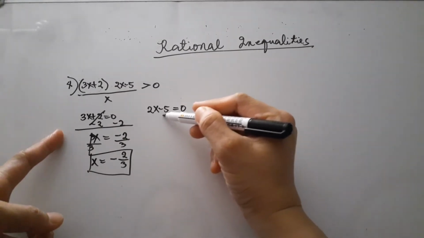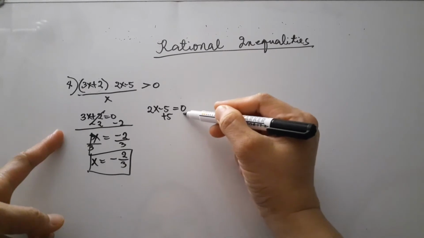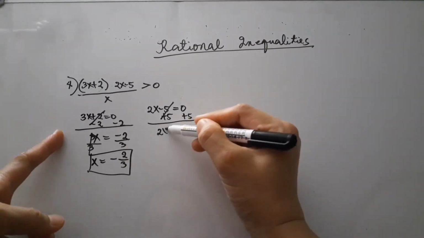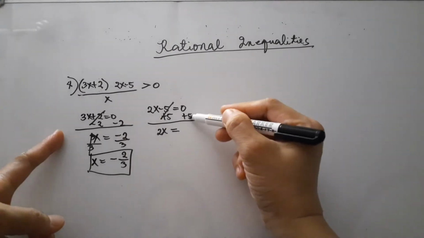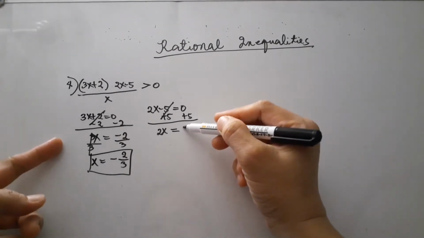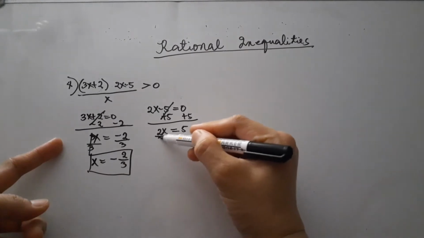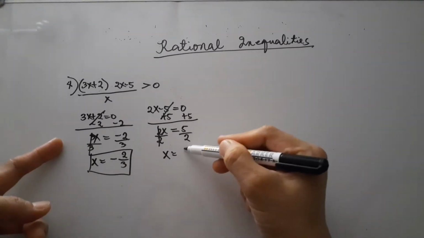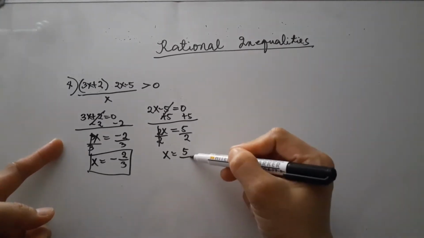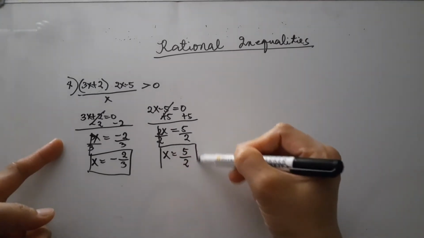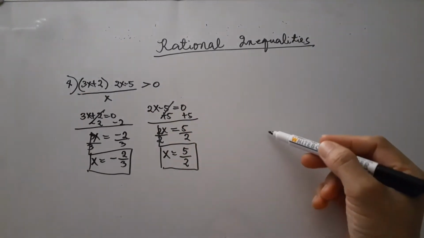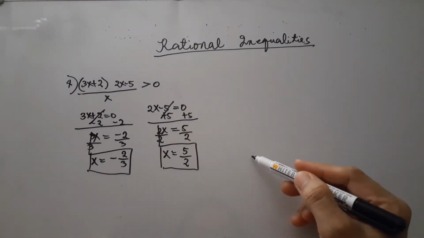Then we add each side by positive 5, and then cancel out. We have 2x equals positive 5. And then we divide each side by 2. So x is equal to 5 over 2. And then in the denominator, which is x, since x has no other value, it is 0.